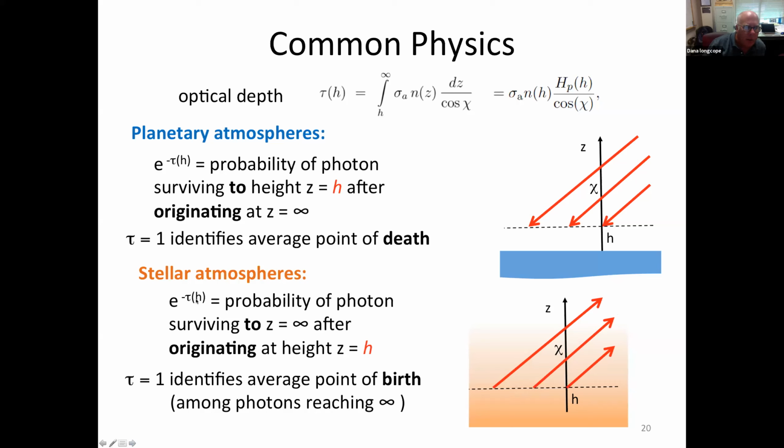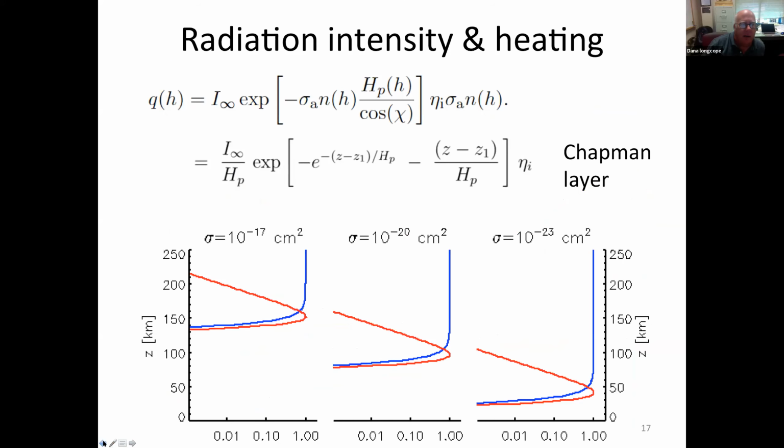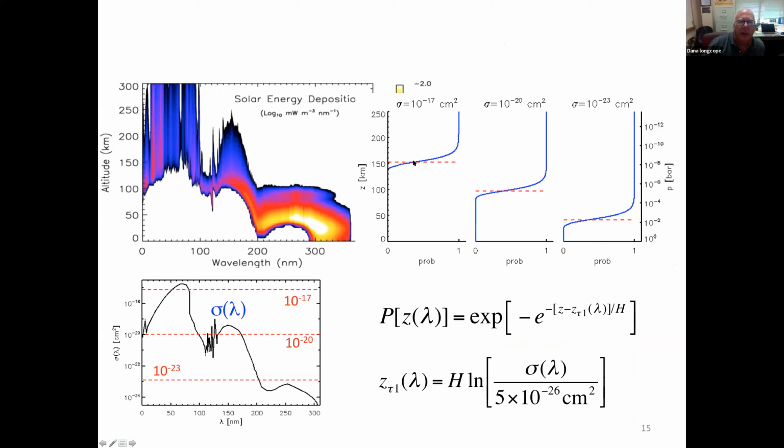So we actually interpret e to the minus tau as the probability of a photon surviving after originating at a height h. So in both the things that I've been plotting here, tau equals 1 is this dashed line here. That is sort of the average height of death of your photon.